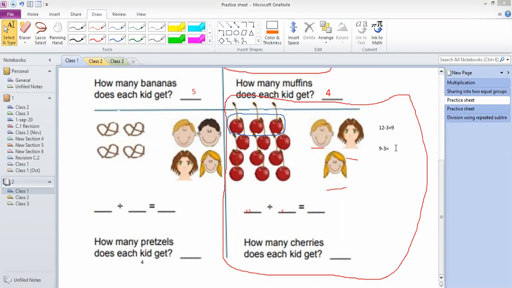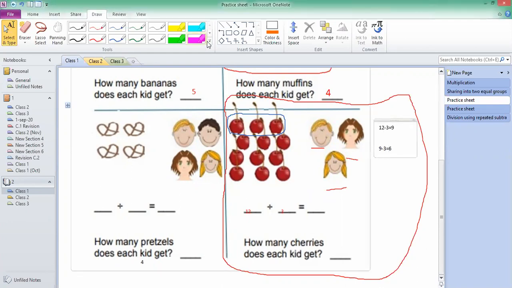Very good. 9 minus 3 equals 6. So I will make one more group here, these 3 cherries we have also given to these kids. Now we have only 6 cherries left.